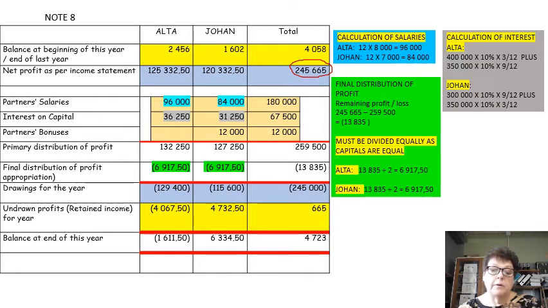The first part of the division tells you the partners get a salary each. Alta gets 8,000 Rand a month, so there's the calculation for Alta, and Johan gets 7,000 Rand. They also try to confuse you by telling you that Johan did not yet take his last salary. That is not your problem.